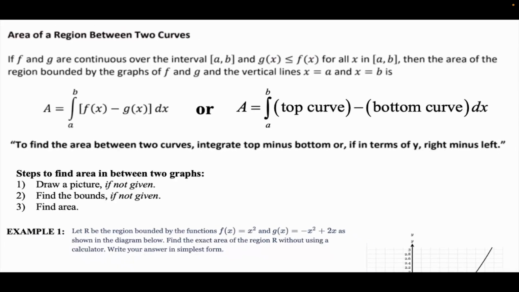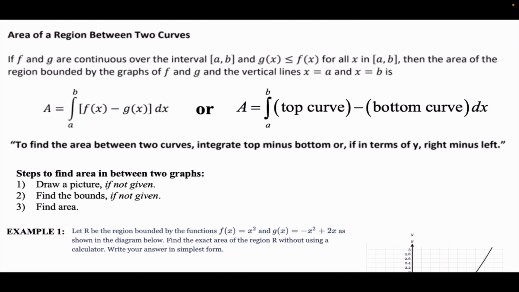There are two types of these problems. The first one is a regular one, like we just saw, top curve minus bottom curve. So we have to find the top function, find the bottom function, find the bounds, and subtract them. Sometimes they'll give you a picture, so it's pretty easy to tell which is the top function and which is the bottom function.